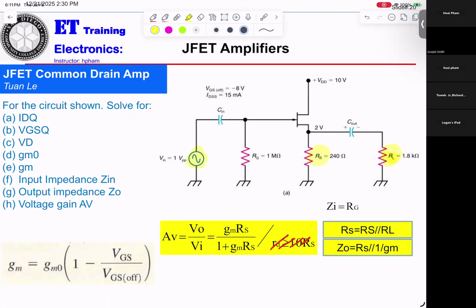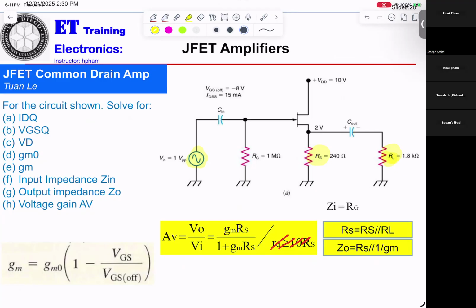And what type of DC bias for the circuitry? Self bias, switch bias, voltage divider bias? Self bias. You can see that with self bias, you would have to get a graph, but not here.